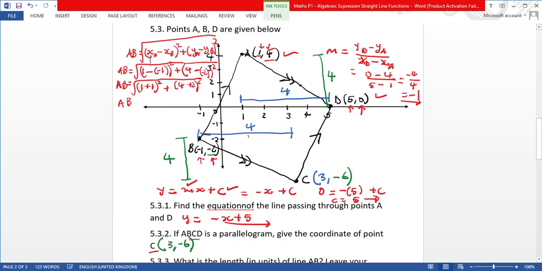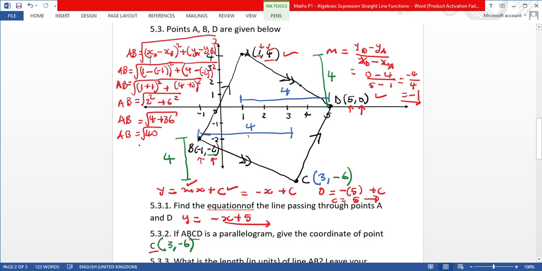Then AB is going to be 2 squared plus 6 squared, right? And then AB is going to be 4 plus 36 all under the square root. Don't forget the square root. Then now we have AB is equal to the square root of 40 units.